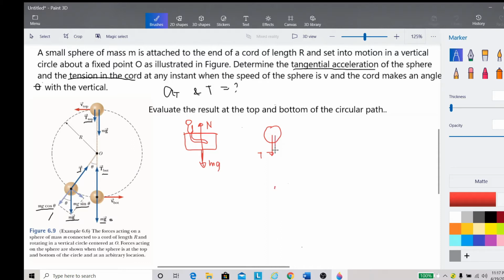And the weight, of course, naturally, it will be always acting downward, mg. Kung nandito tayo sa baba, the tension will be upward and the weight will be downward. Okay. So, yan yung pagkakaiba natin. Nevertheless, hindi naman tayo malilito dyan dahil sanay naman tayo sa Newton's second law of motion.